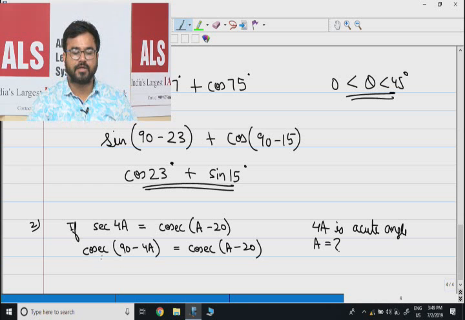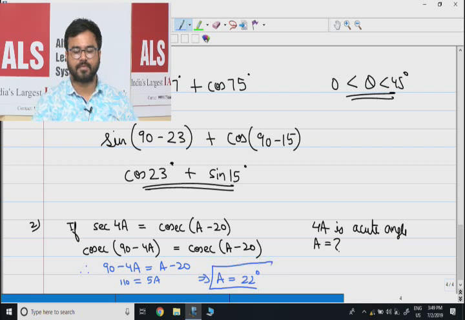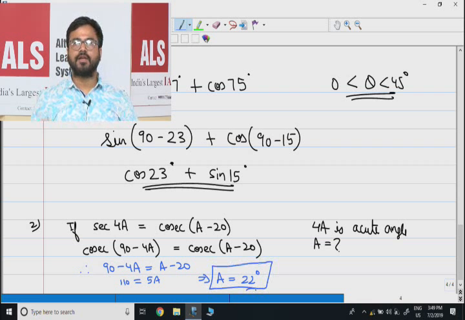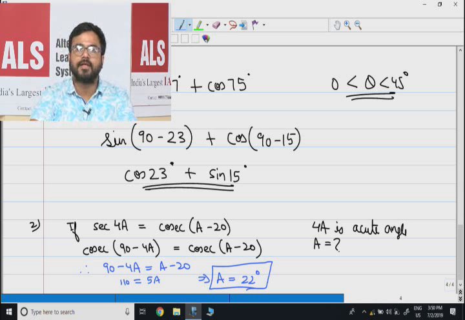So 90 minus 4a is equal to a minus 20. So 90 plus 20, that is 110, is equal to 5a, and from here a is equal to 22 degrees. This is the way in which we can proceed in this question. We just have to make the same trigonometric ratio on both the sides, and then equate the angle.